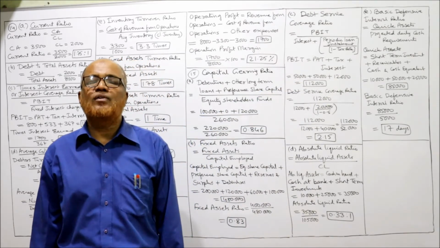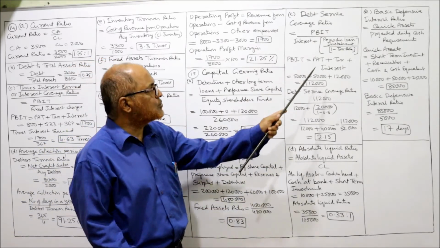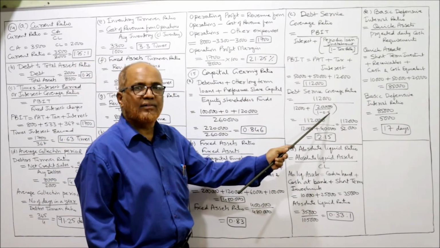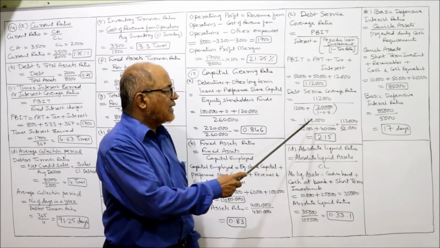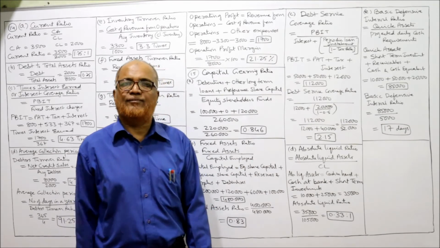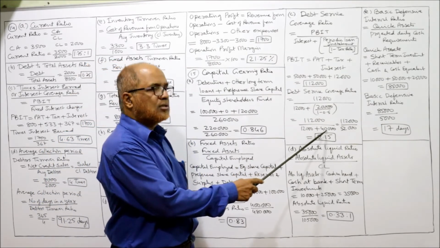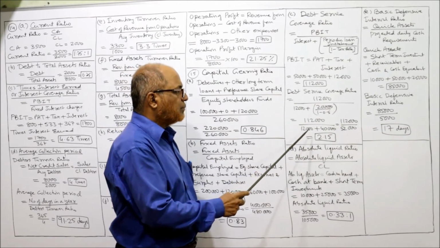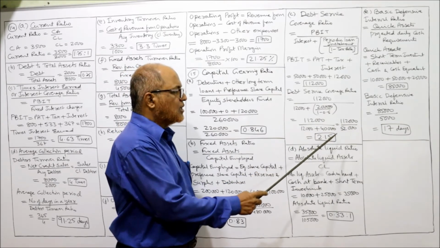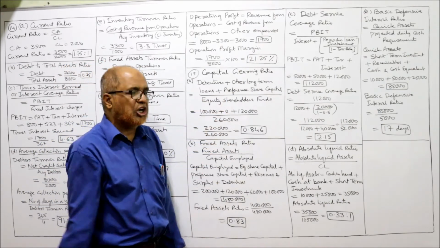The tax rate is 50%. 50% means 0.5. So 1 minus 0.5 is 0.5. So 20,000 divided by 0.5, you get 40,000. Now 1 lakh 12,000 divided by 12 plus 40, 52,000. So 2.15 is the debt service coverage ratio.